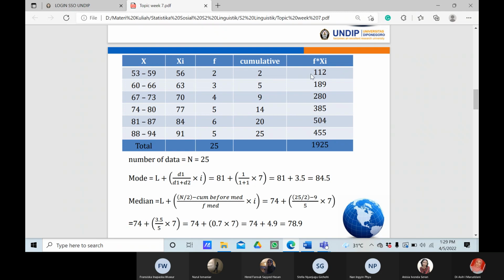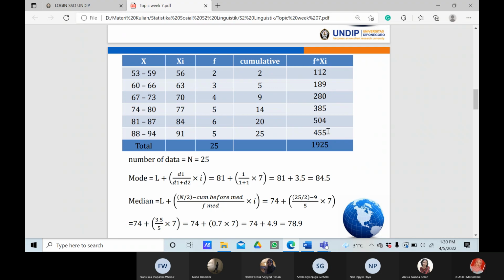Then for the first row, you have to calculate 2 times 56, which is equal to 112. And the second row, you have to calculate 3 times 63. Then this is equal to 189. And so on. The other rows will be the same.